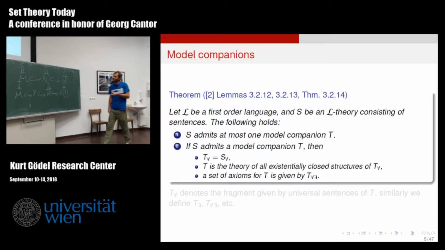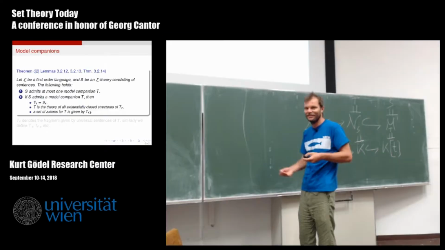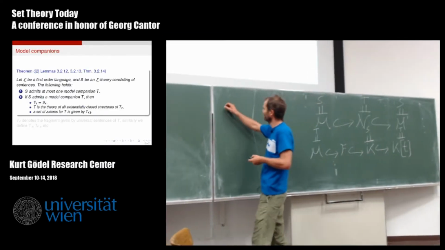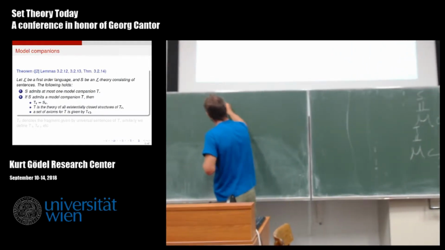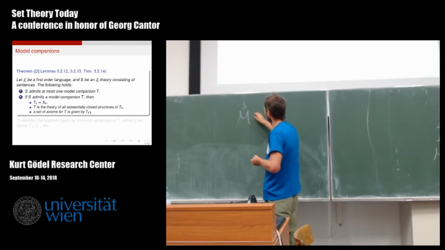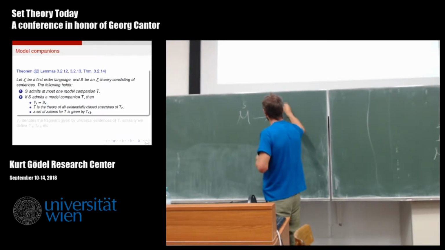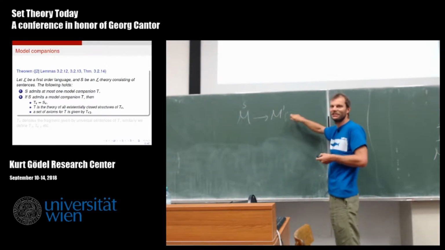Okay, so how do you get to the model companion? Well, you do exactly the same pattern you do to prove the bounded forcing axiom. So you start from your model M of S. Well, there is an existential formula which is not realized here. You pass to M prime, which realizes the existential formula. There is another existential formula which is not realized here.